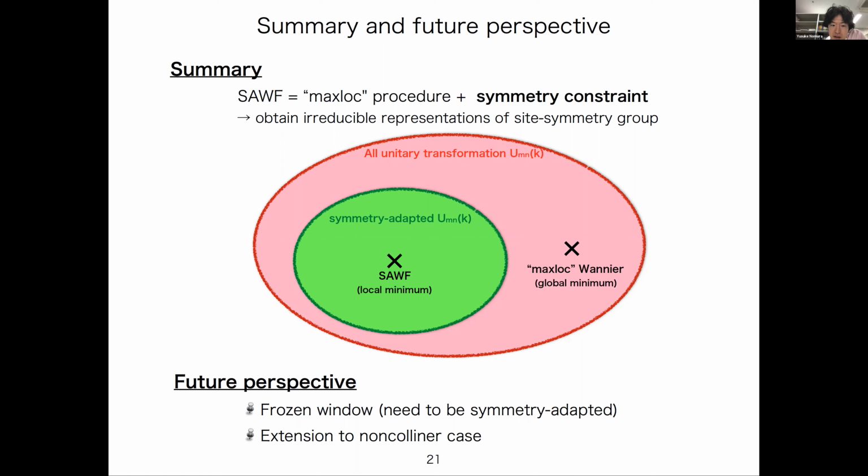So the next two questions: can you comment on the difference between minimizing with constrained Wannier centers?